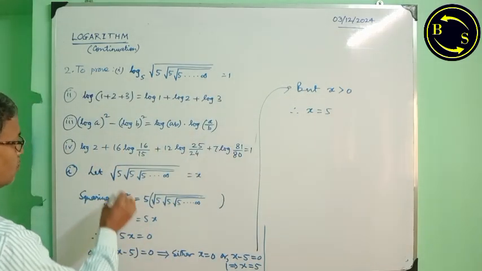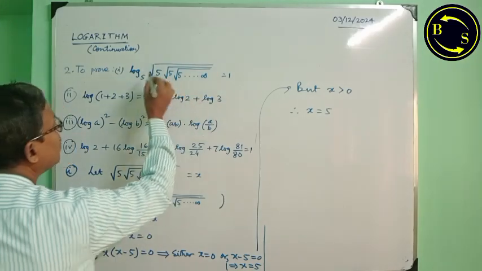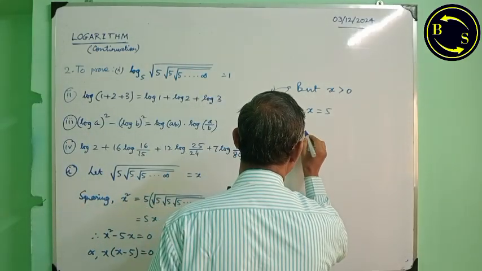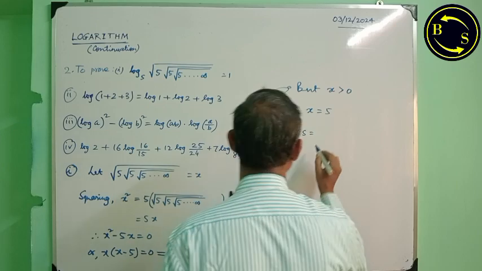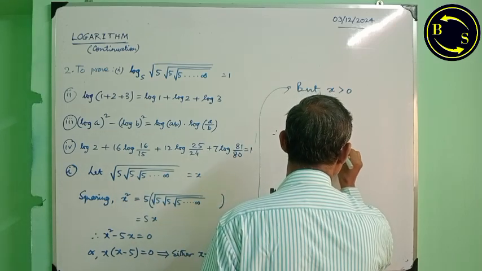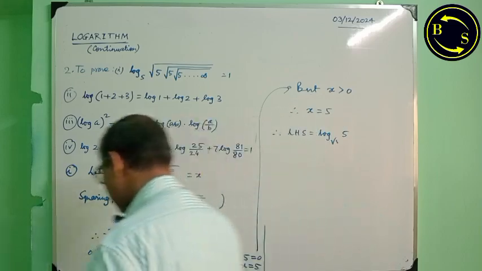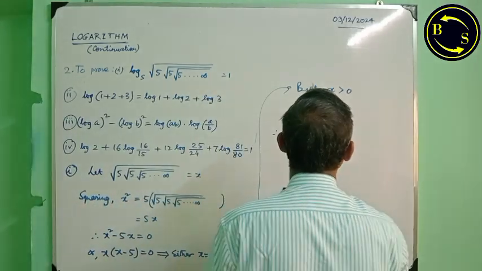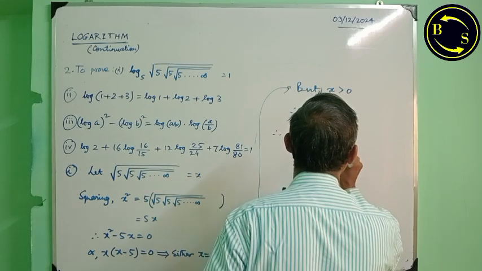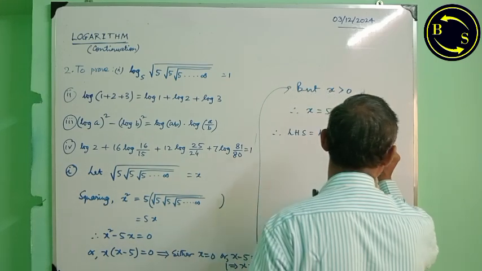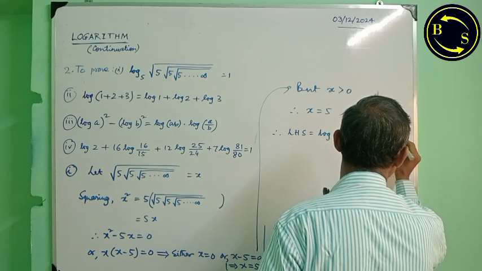We have got the value of this part. Therefore, left hand side is equal to log of 5 to the base 5 to the base 5, that is equal to 1. RHS proved.